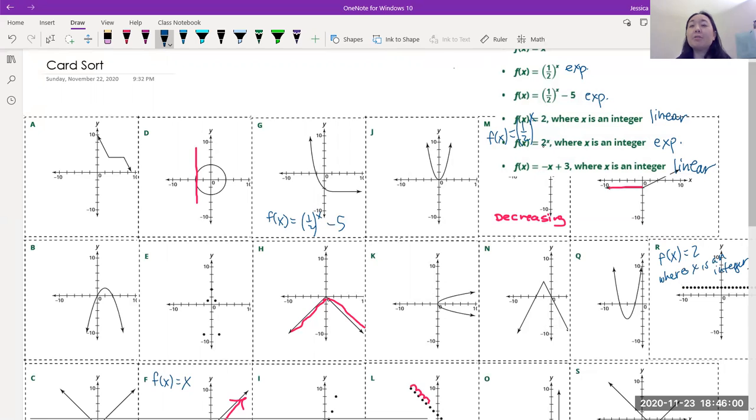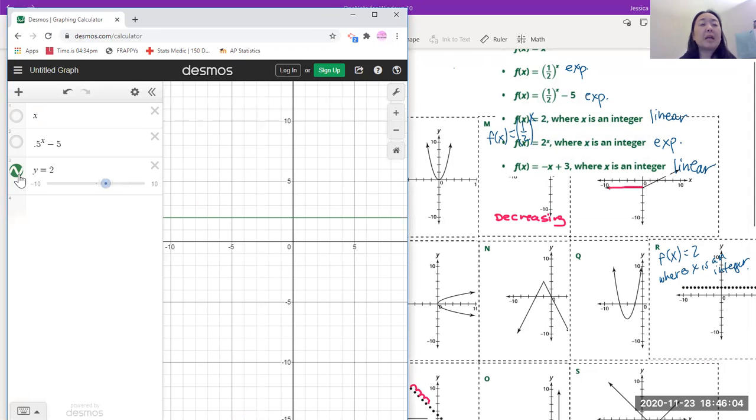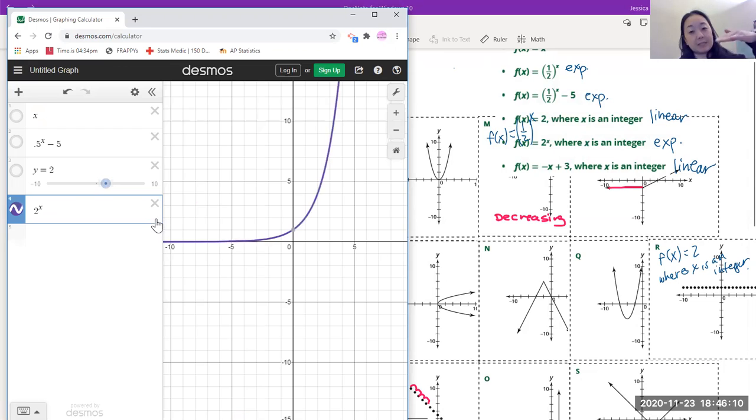And then this is going to be 2 to the x power. So I'm imagining it's going to be a little bit like our other exponential one. There we go. Ooh, except it's increasing. Okay. Oh, remember the other one, y is equal to 2. That's just constant. All right. So if you look right here, it's increasing. It crosses here at 1.